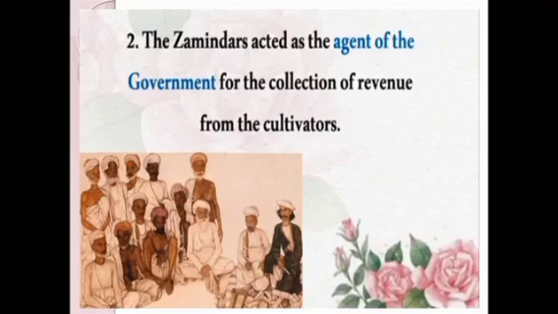So, the zamindars acted as the agent between the people and the government. They would collect the tax from the people and pay it to the government. So, the zamindars acted as the agent of the government for the collection of revenue from the cultivators.